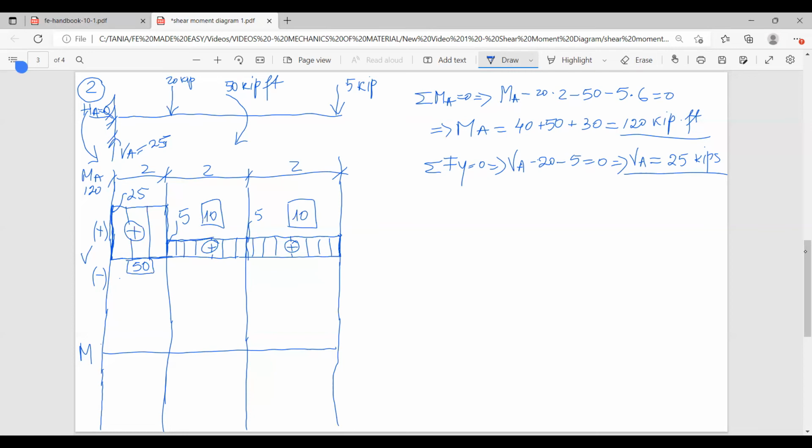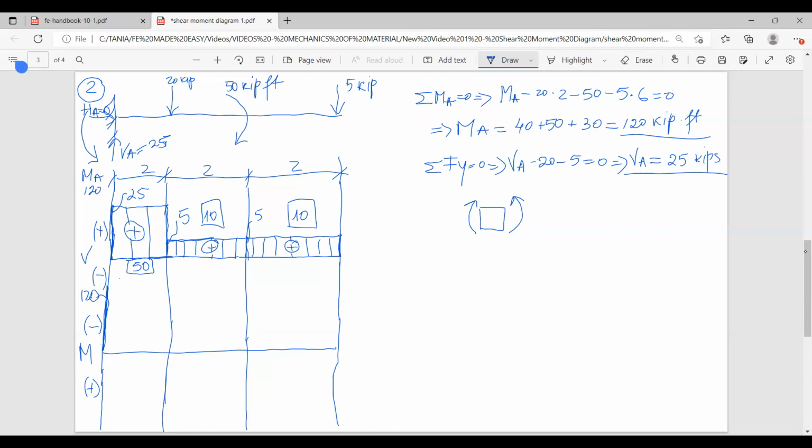So when you have a cantilevered beam like this, for the moment to be positive, it's got to be clockwise when you come from this direction. So in my case, the moment is counterclockwise, which means it's going to be negative. So I have to draw my moment on the negative side. So the moment is 120. So I'm going to draw 120 here. This is going to be 120.